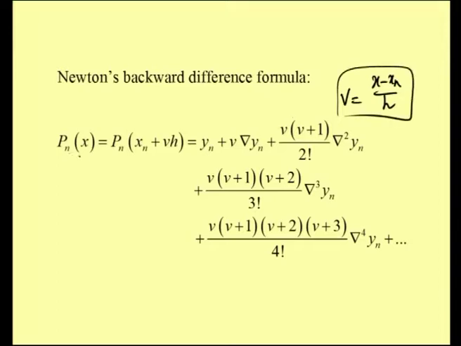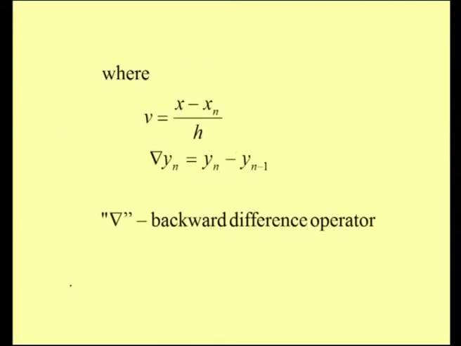So that Newton's backward difference formula is Pn of x is equal to Pn of xn plus vh, yn plus v into nabla yn plus v into v plus 1 by 2 factorial into nabla square yn plus v into v plus 1 into v plus 2 by 3 factorial nabla cube yn plus etc., where v is x minus xn by h and xn is the last x value, and nabla yn is yn minus yn minus 1. Nabla is called the backward difference operator.